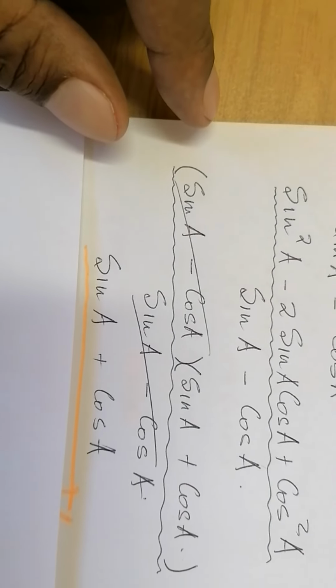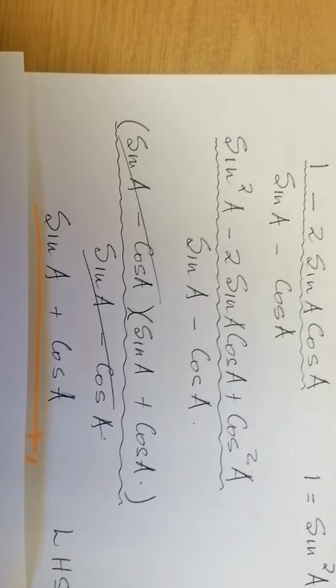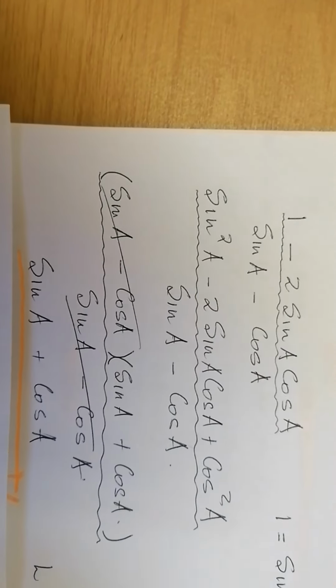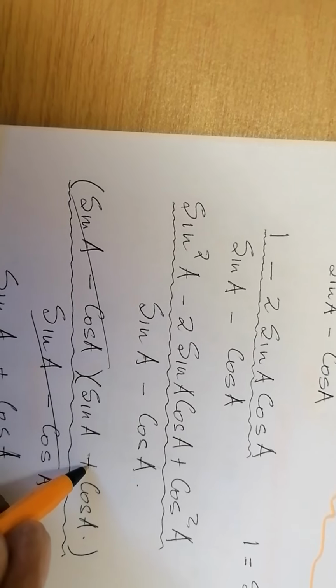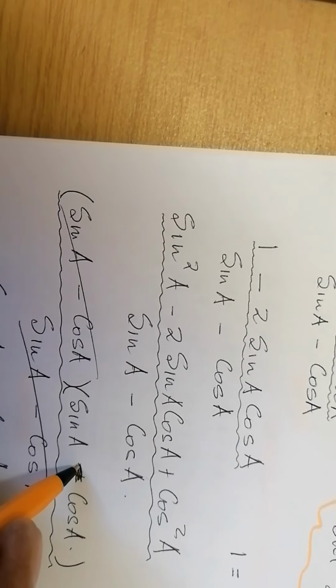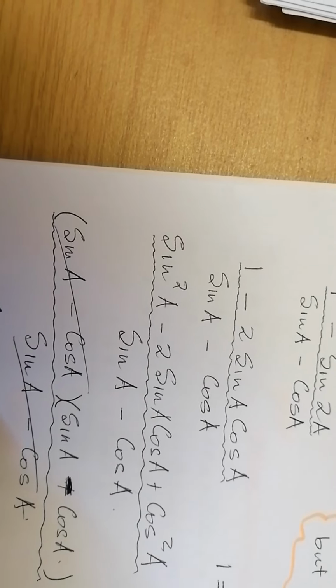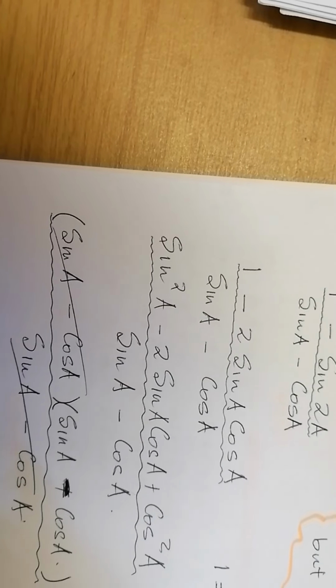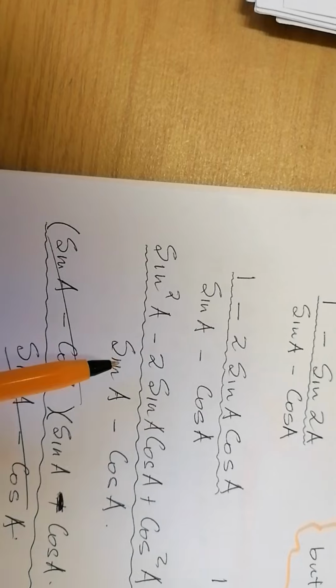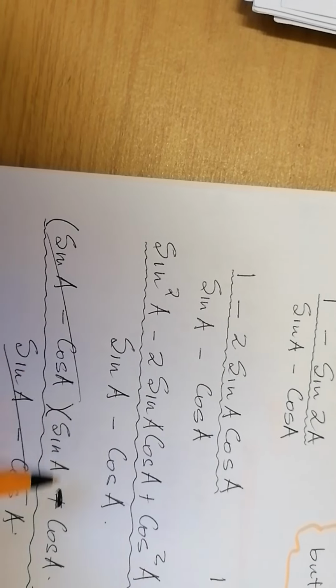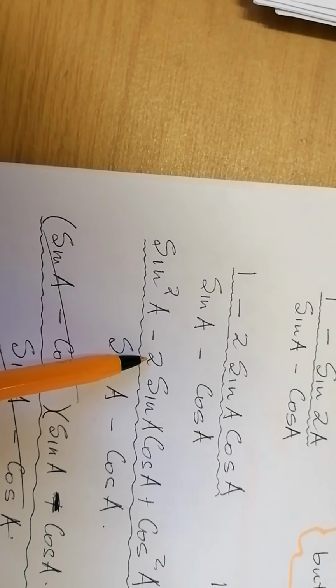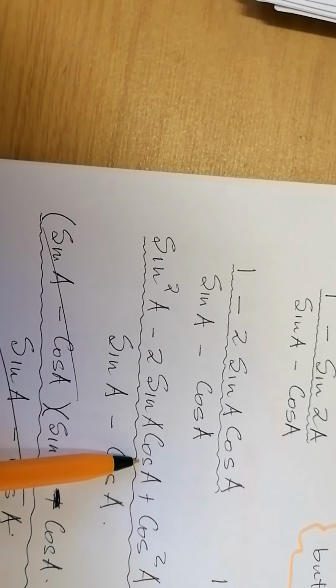That means there's somewhere where we made an error. Let's correct that error. This is supposed to be minus, and this is supposed to be minus. I'm sorry about that, folks, because we need to add them to get minus 2 sine a cos a.